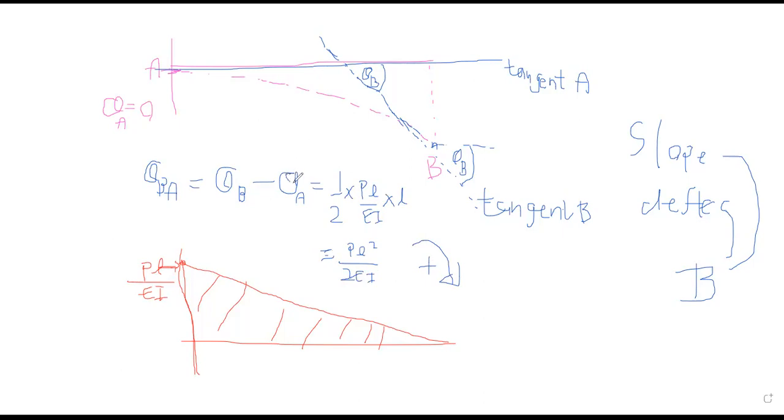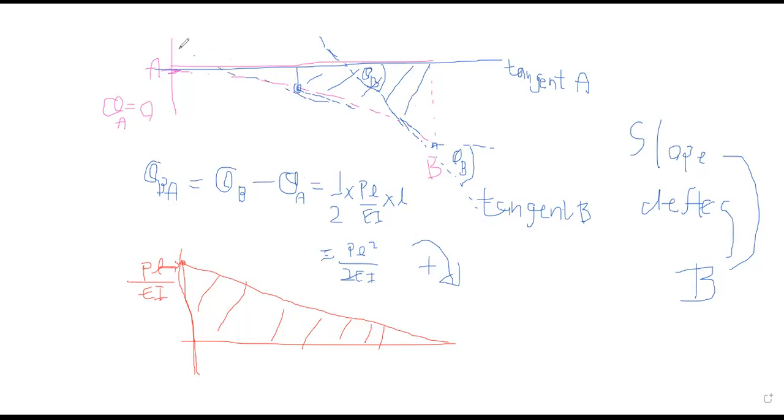So make sure that you get the concept, right? It's theta B minus theta A. You need 2 points, right? So what happens if you select some point like this? Just say you know the area between this point, but you don't know the theta, right? You don't know the tangent, right?